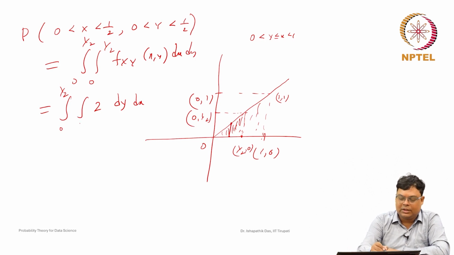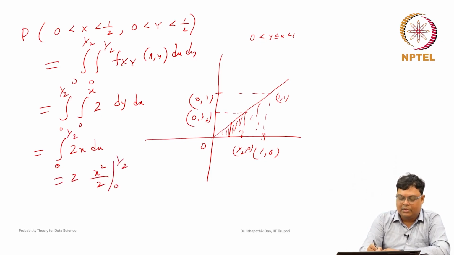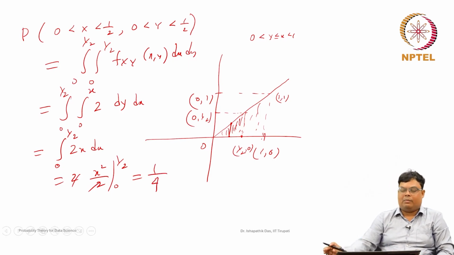So, this is the integral of 2y from 0 to x, which is 2x, then dx from 0 to half. Then this is 2 times x squared by 2 from 0 to half, so this is (1/2) squared, the 2 cancelled, which is 1/4. So, this probability is 1/4.